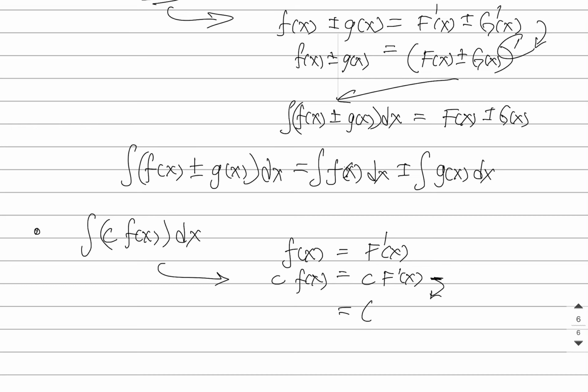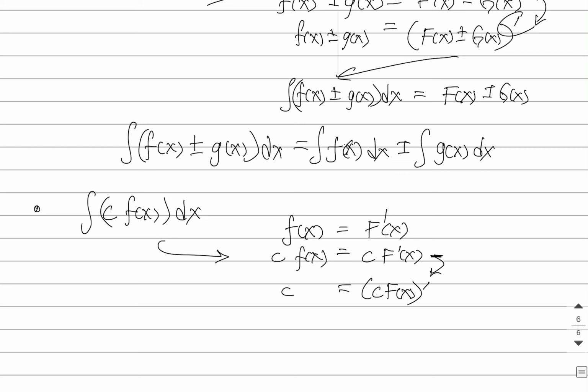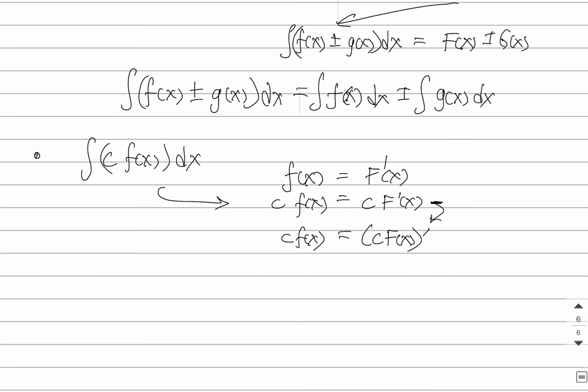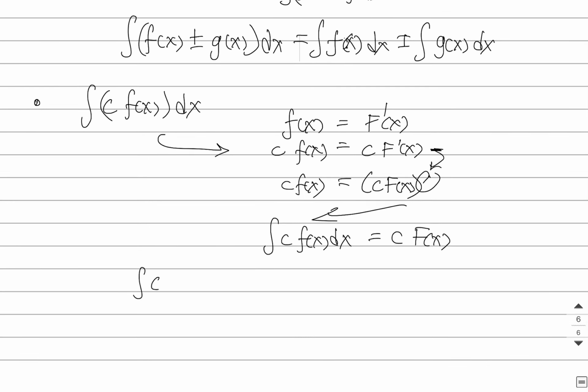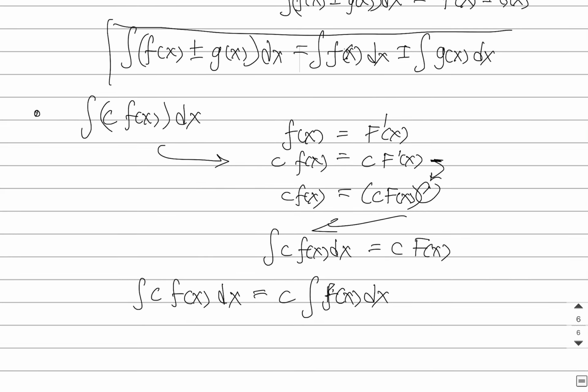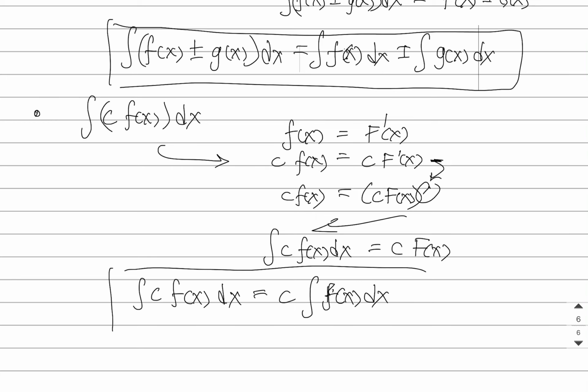This is just c times f of x all differentiated, and that's the key. If I switcheroo now, I will have that the antiderivative is equal to c times big F of x, and this is where my result pops out, that the antiderivative of a multiple is c times the antiderivative itself. So I can effectively pull out the constant, and we get the two results we were expecting.